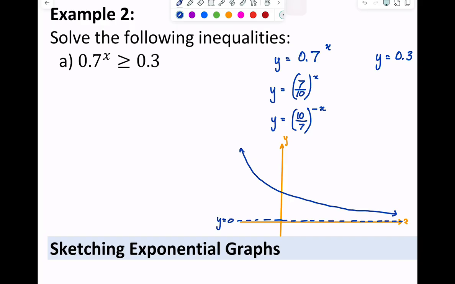Just putting in the asymptote there, and just looking at this here, if we want to find out what our y-intercept is, we let x equal to 0. So the base to the power of 0, anything to the power of 0 is just 1. So the y value is 1 and the x value is 0.